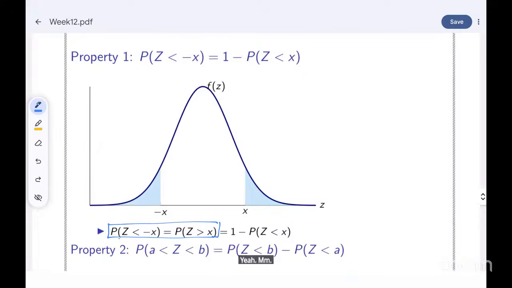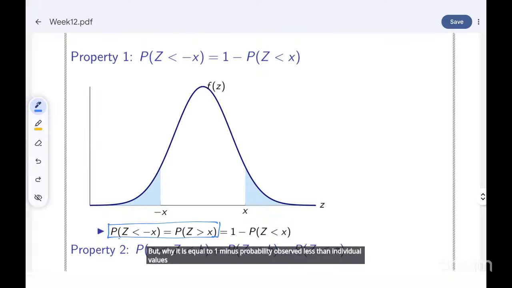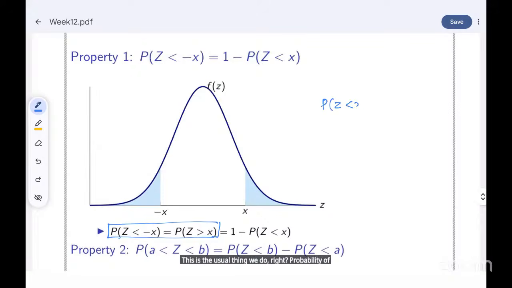But why is it equal to 1 minus probability of z less than or equal to x? This is the usual thing we do, right? Probability of z less than x is 1 minus probability of z greater than x, or maybe here the other way around.